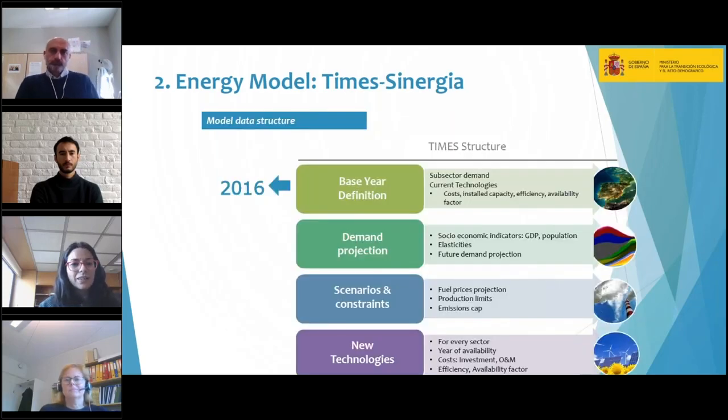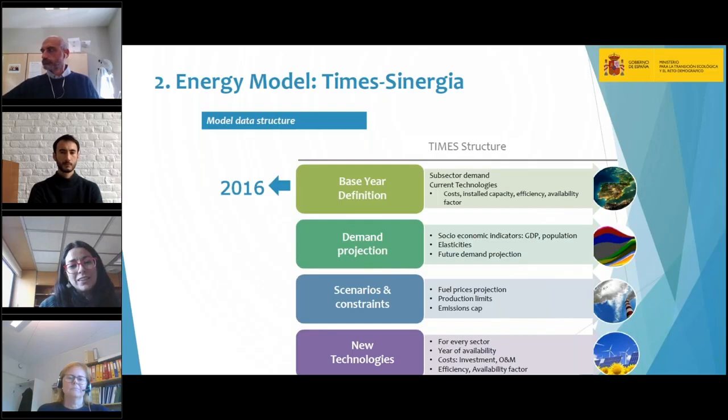For setting up the model, I would like to explain a little bit the model data structure. We set a base year reference in 2016, and from this base year we needed to collect several data from very different stakeholders, and also analyze the coherence of the data, which I think is one of the big challenges.